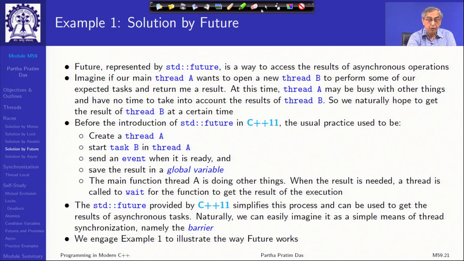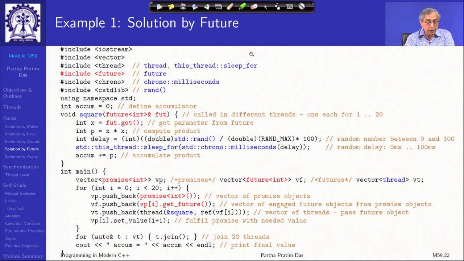Future and promise go hand in hand. What it does is initially create a promise that I will give you this in future. Then from the promise you get a future, a handle to a future, and that future is what you pass to your task. In the task you can obviously do a get to get the actual value.